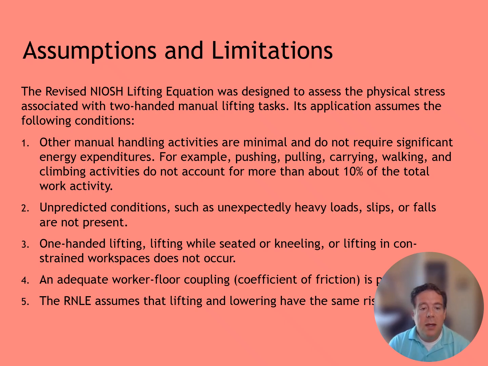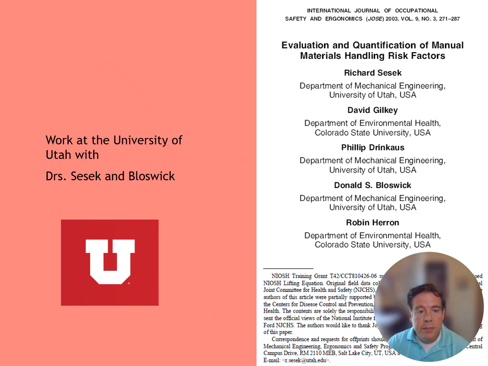If there are unpredicted conditions, such as being in a mine where there are heavy trip hazards, they did not feel this was a valid tool. Also, not lifting while kneeling or seated, so only upright. Then adequate coupling is needed. And lastly, NIOSH assumes that the lifter and the lowerer have the same risk. So these are things to really consider when applying this equation.